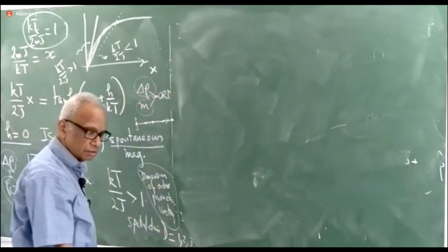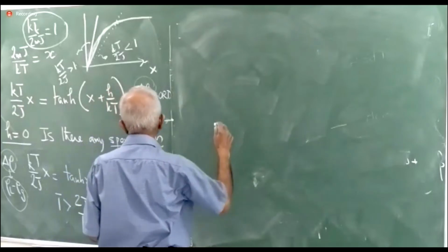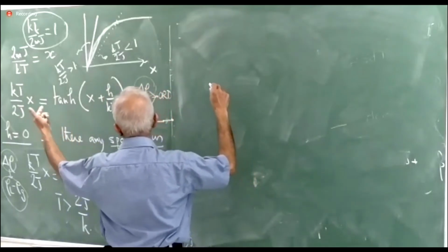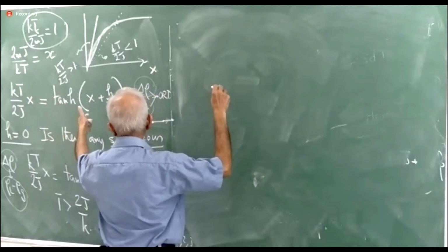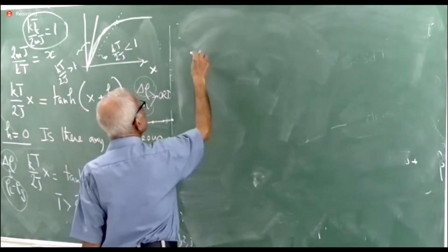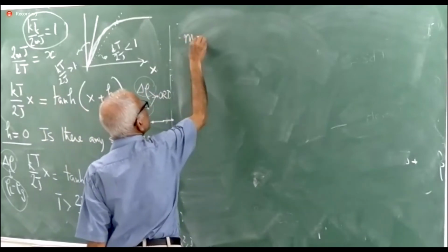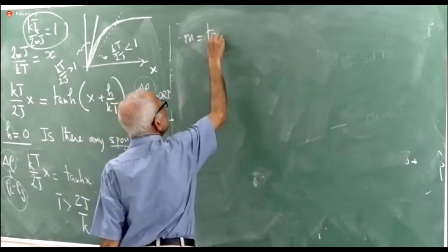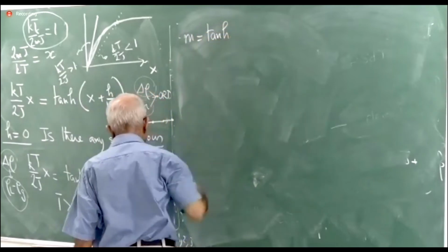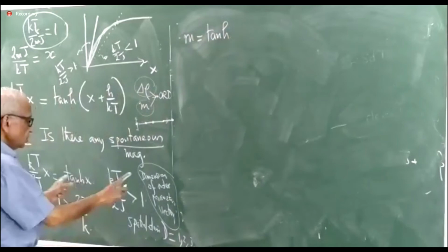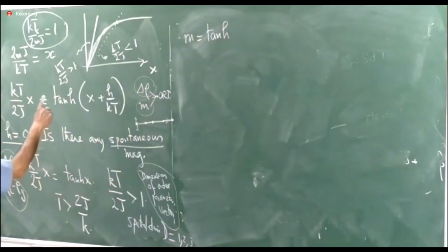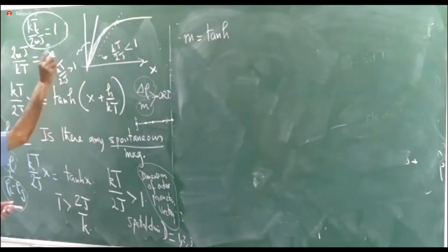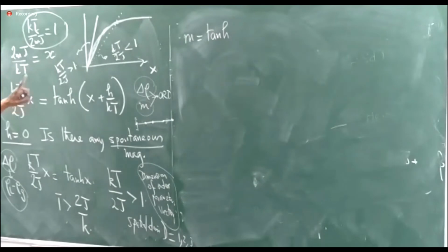And that, let's say, so I go back to my starting equation, which is this over here. I'll write it in the form m equal to tanh x, which is easy for drawing this graph, so that I have only one tanh to draw and can just tilt the straight line.